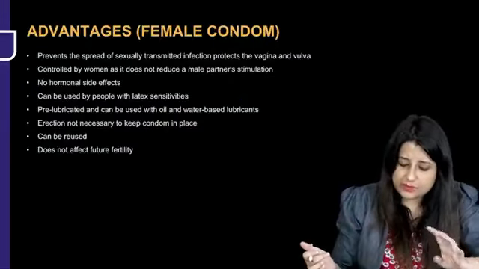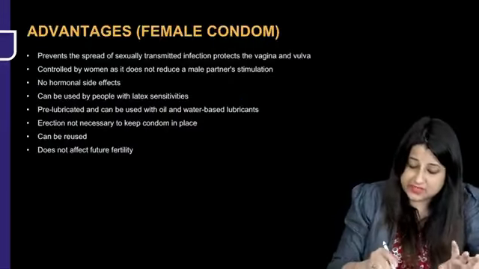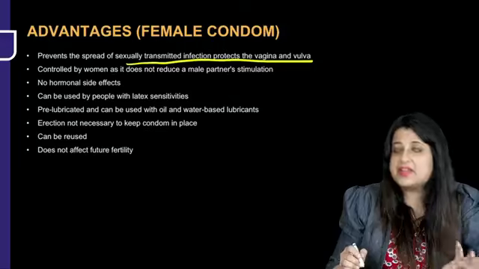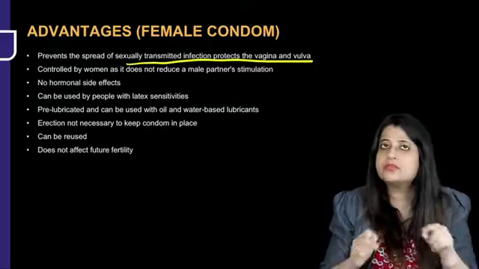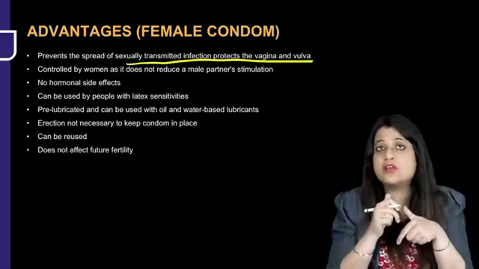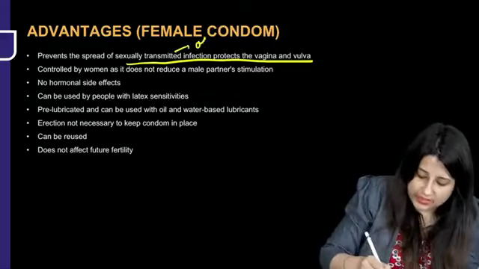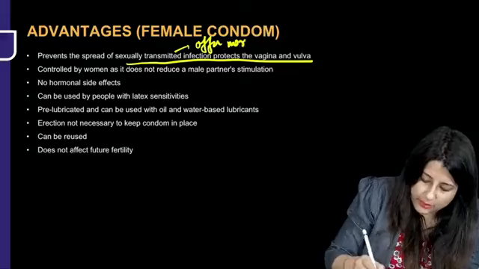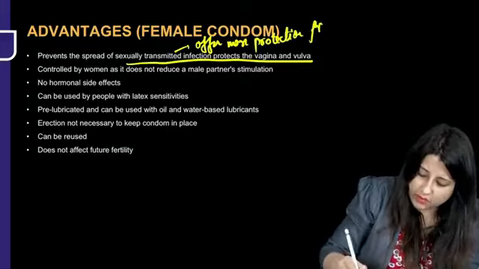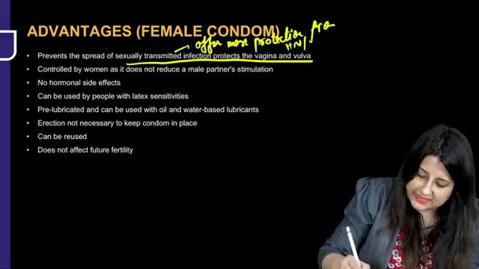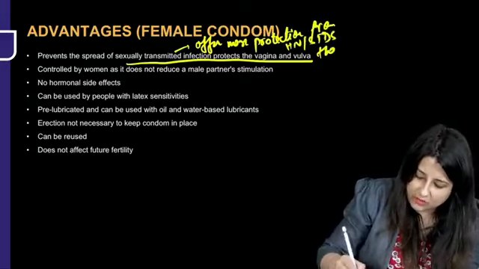Advantage: it prevents the spread of sexually transmitted infections. Very, very important. And please remember, when a female condom is used, it covers more area of the vagina, so it offers more protection from HIV, STDs than male condom.